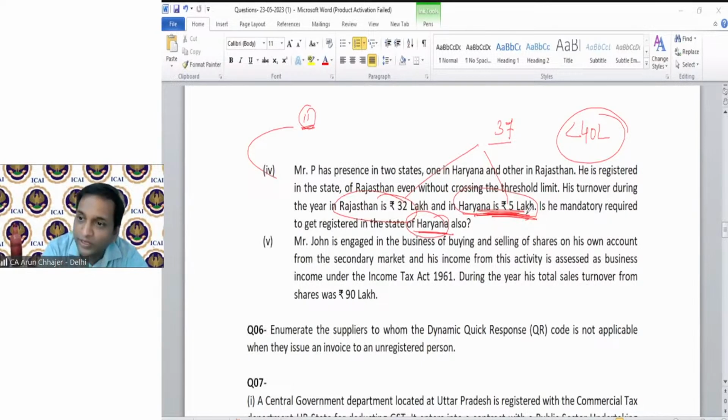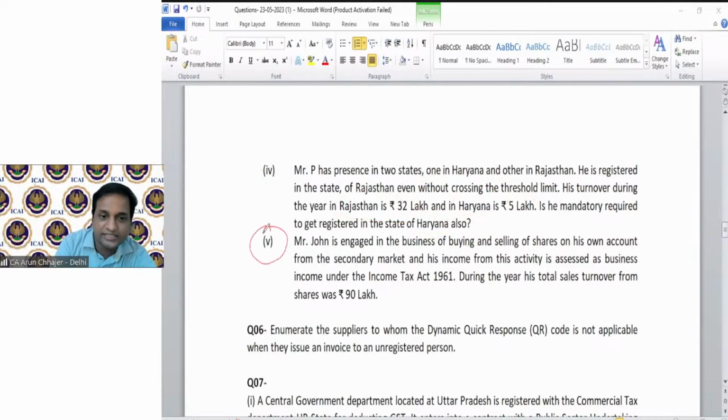So therefore you can say that because aggregate turnover is below the threshold limit, you have the option not to take registration. So I would suggest to write both ways.